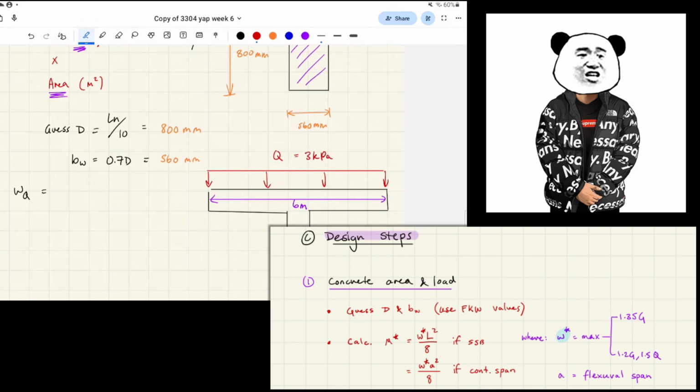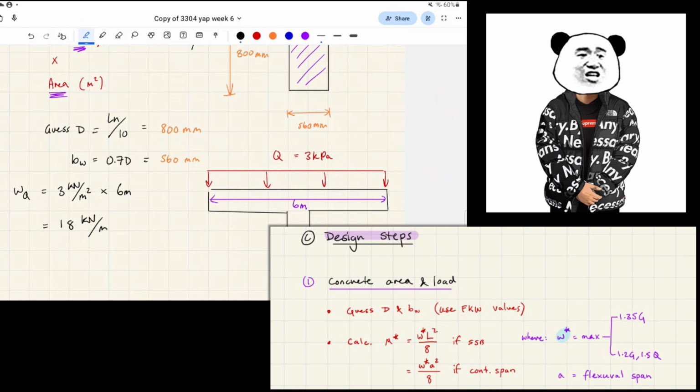To get it into a one-dimensional thing, we literally just multiply that tributary width by 3 kPa. Instead of kPa, I'm going to write kilonewtons per meter squared, just to make it clearer. Times 6 meters is 18 kilonewtons per meter. Are we clear on how I got that?